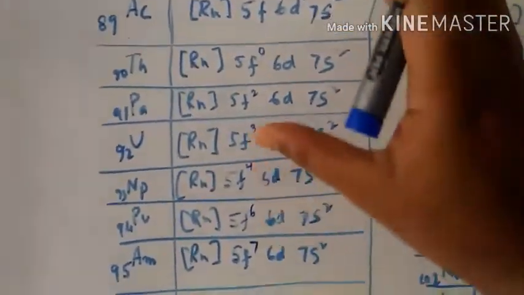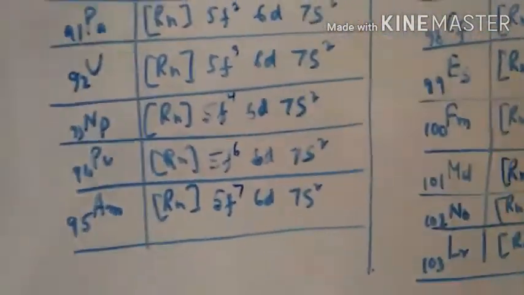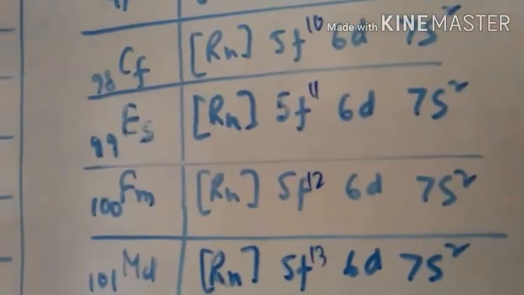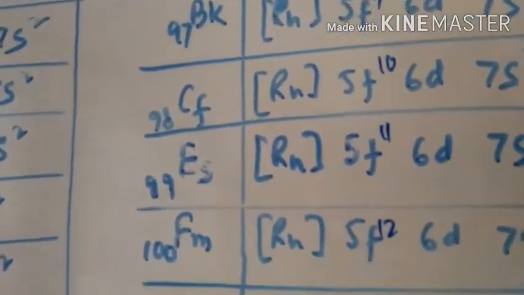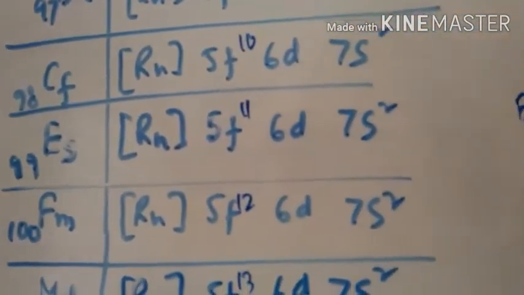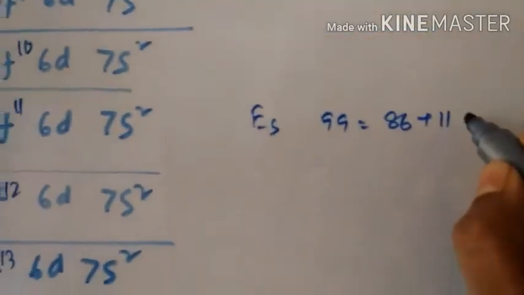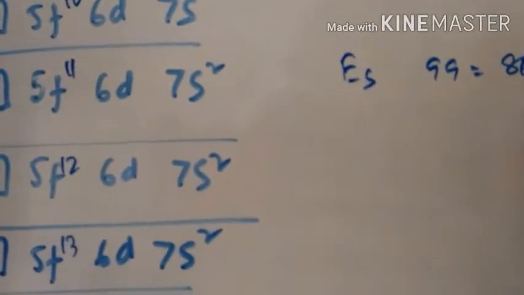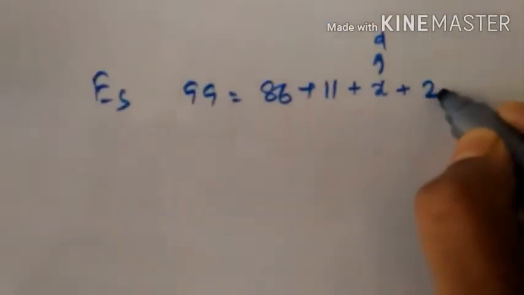Now the remaining part is d electrons. The d electron calculation is very easy. Say for example you take einsteinium from here. Einsteinium has a total of 99 electrons, radon has 86 electrons, it has 11 f electrons, and say X is the number of electrons in d, and 2 s electrons over here.